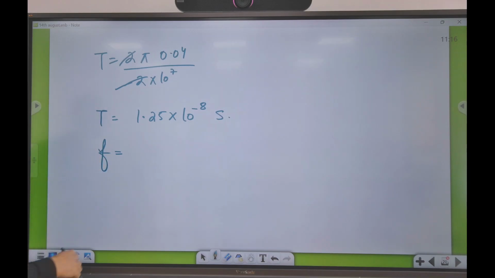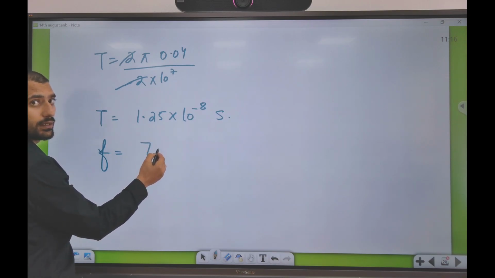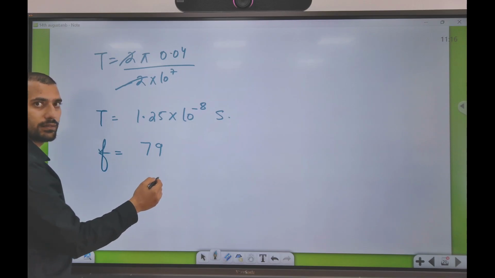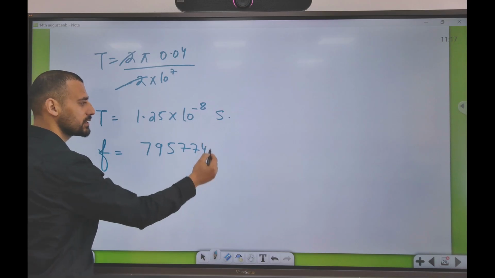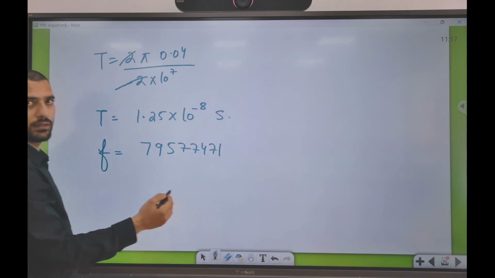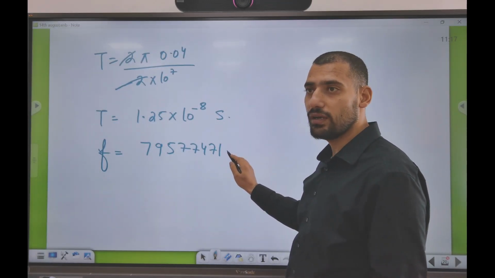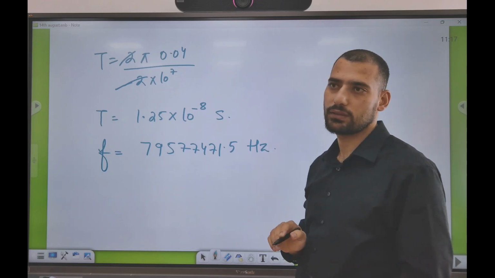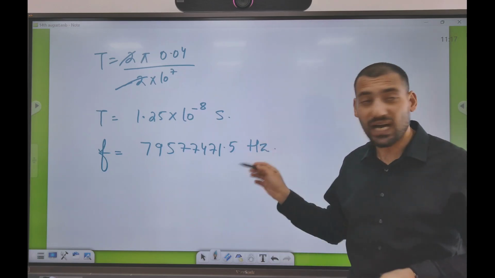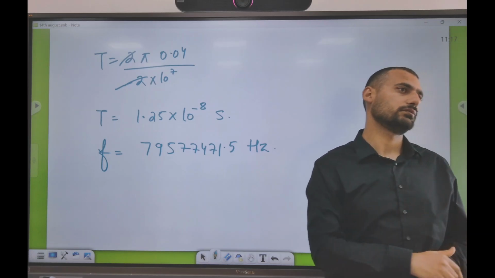And what is that? 79 million, 577, 471.5 hertz, the unit. That means the particle is making this many cycles in 1 second.